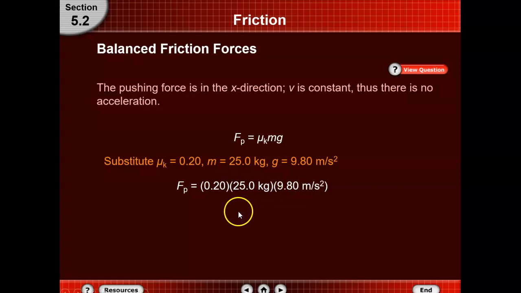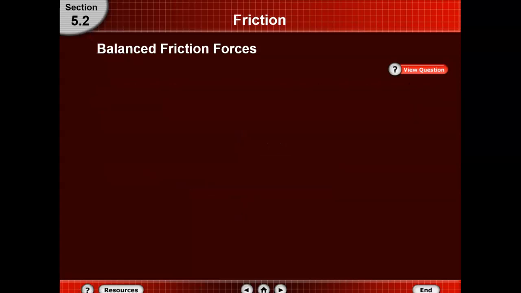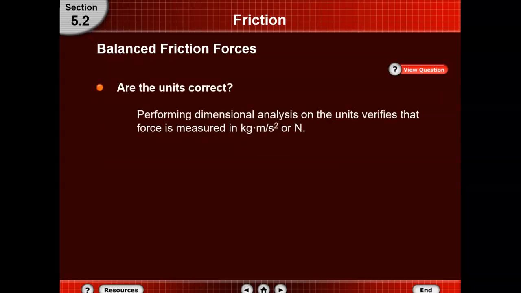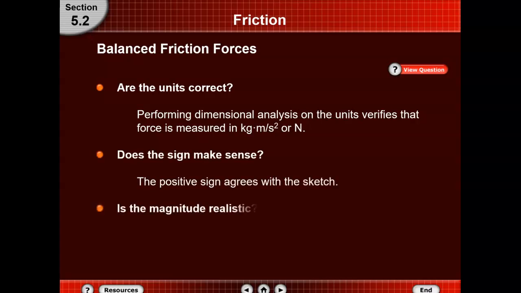We can figure out our force applied, which is 49 newtons. So our units are correct. It makes sense. And it's realistic.